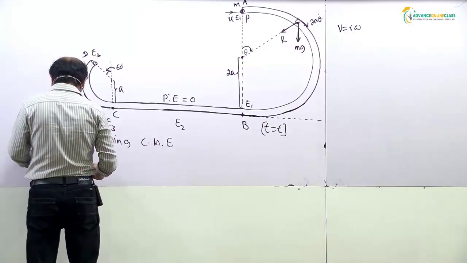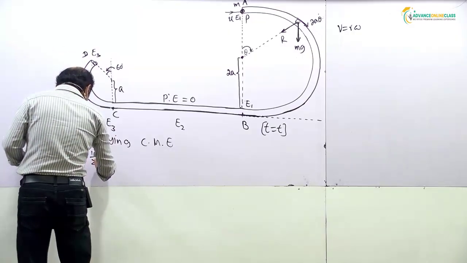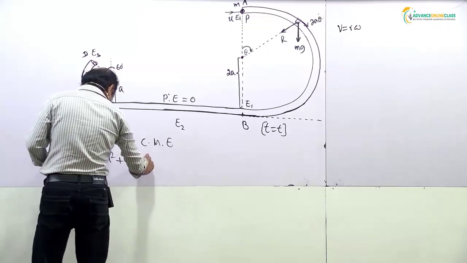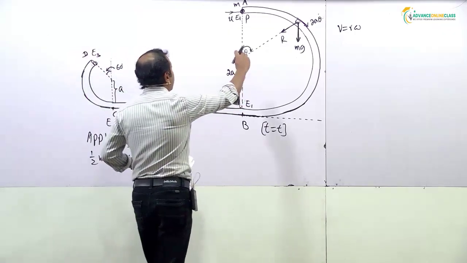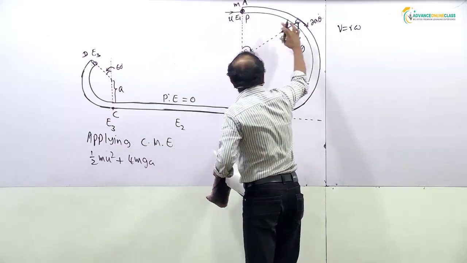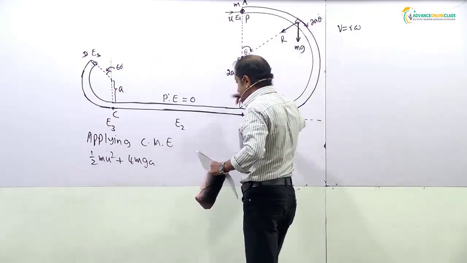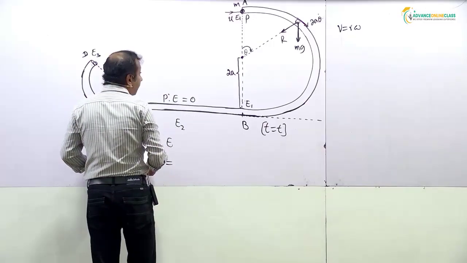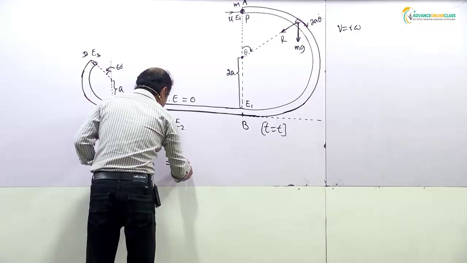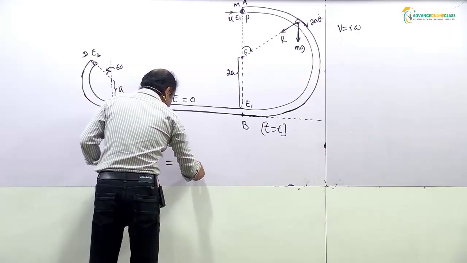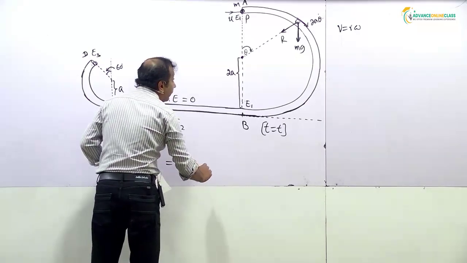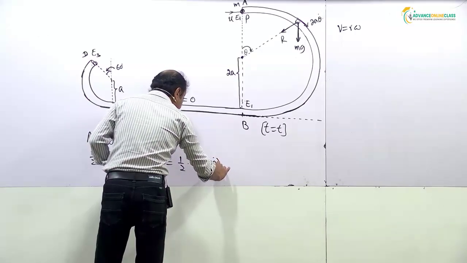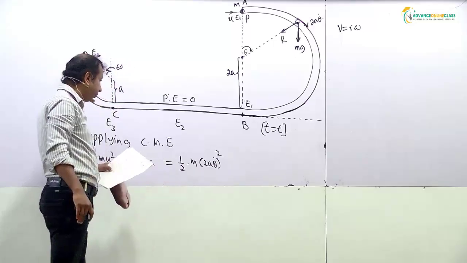When I apply that, half m u squared plus 4mga. Here, the kinetic energy and potential energy should be equal to the kinetic and potential energy here at the other point. Kinetic energy is half m times the velocity 2a theta dot, perfect square.